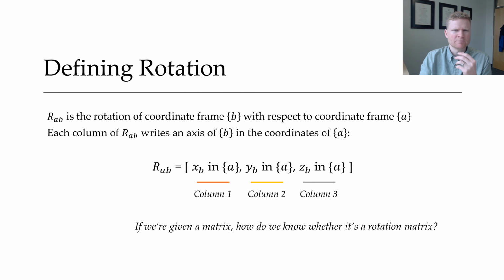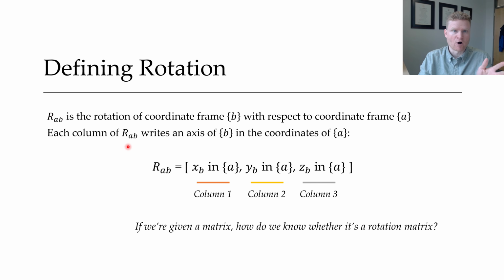So let's start off with a little bit of review. In our previous lecture, which I encourage you to watch if you haven't seen already, we mentioned that RAB is a rotation matrix. RAB tells me the rotation of coordinate frame B with respect to coordinate frame A. I like to think about this as if I'm standing at A and looking at coordinate frame B. That's RAB.